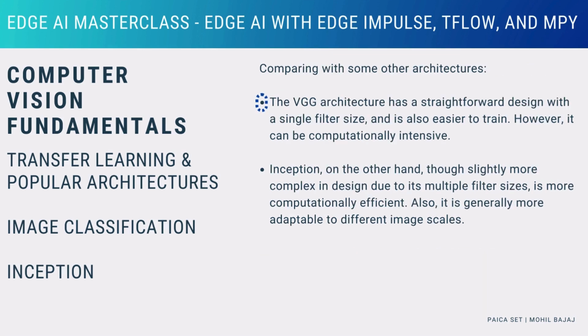Finally, let's compare this to another popular architecture, the VGG model. The VGG architecture adopts a more straightforward approach using multiple 3 by 3 convolution filters stacked on top of each other to increase depth. While VGG models are simpler and often easier to train due to their uniform structure, they typically require more computational resources.